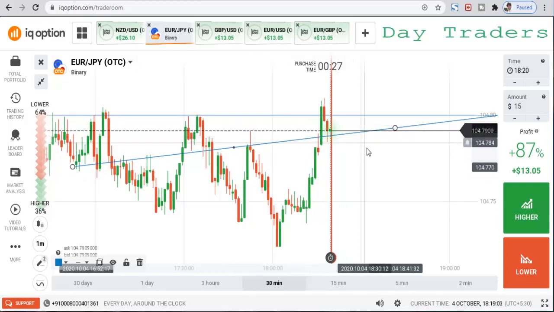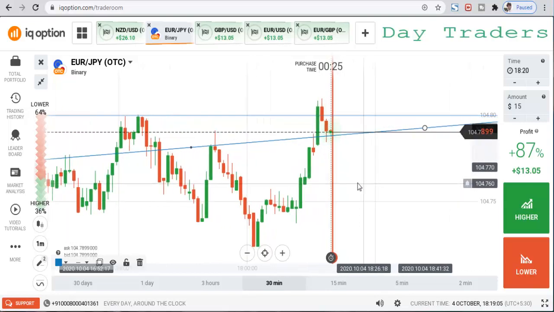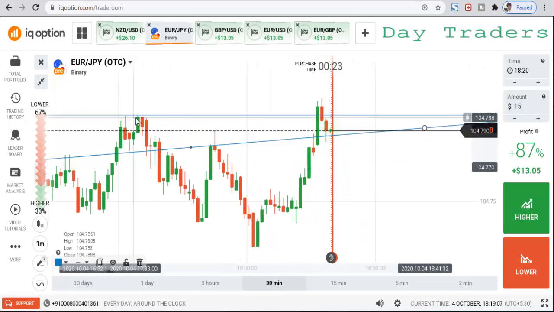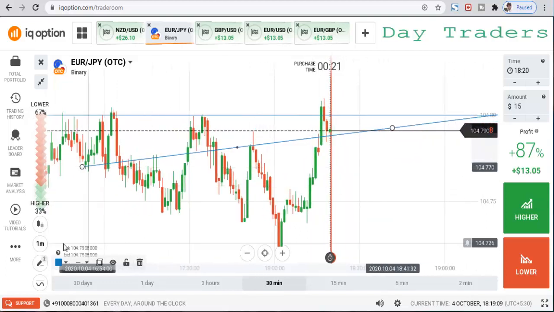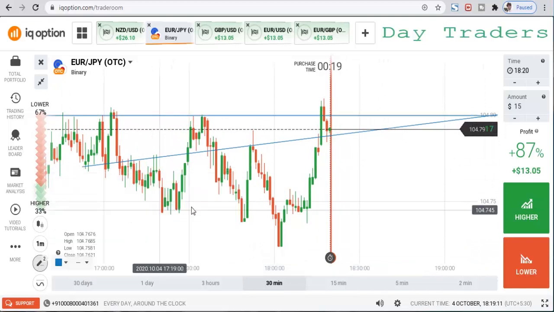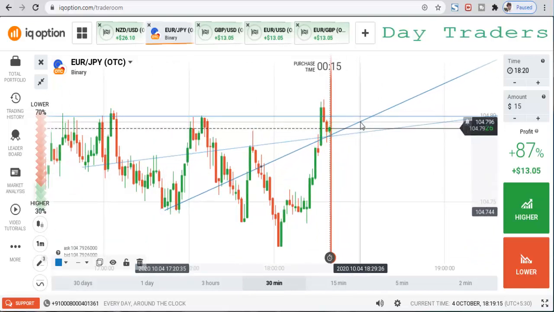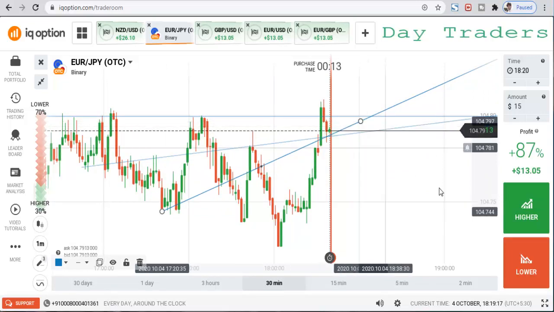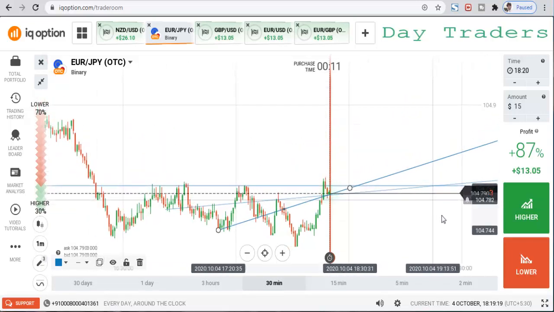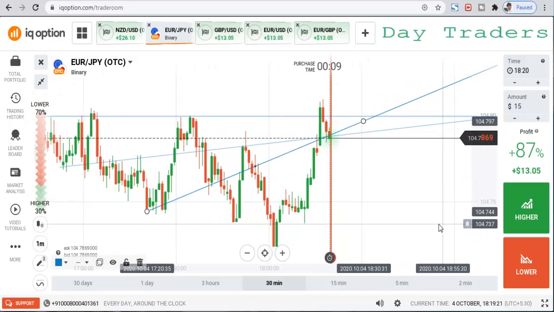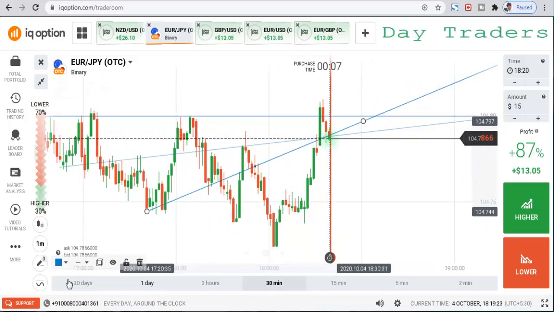Okay, let's see, after a bullish candle, try to place a higher option, or let's check the other level. There are no strong levels. This is 50-50 chances.